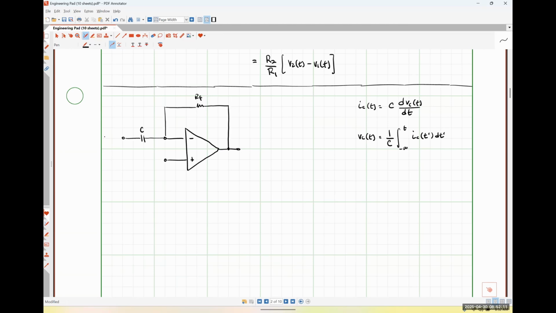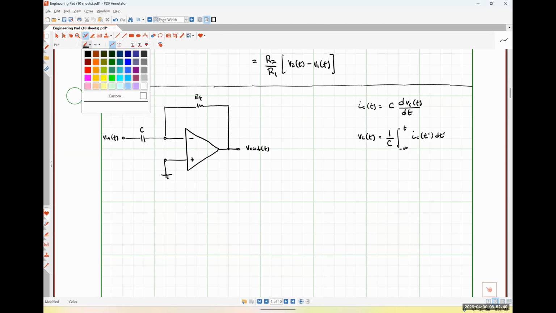Okay. I'm going to apply my input voltage on the left-hand leg of this capacitor. I'm going to take my output voltage at the output terminal of the op amp, and I am simply going to ground my non-inverting input node. Okay. So before we get into applying our op amp rules, I just want to characterize the capacitor really quickly.